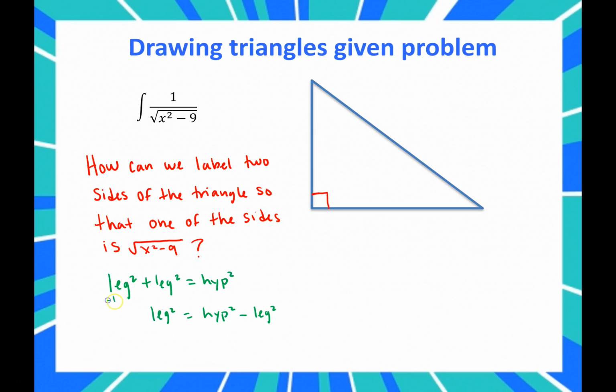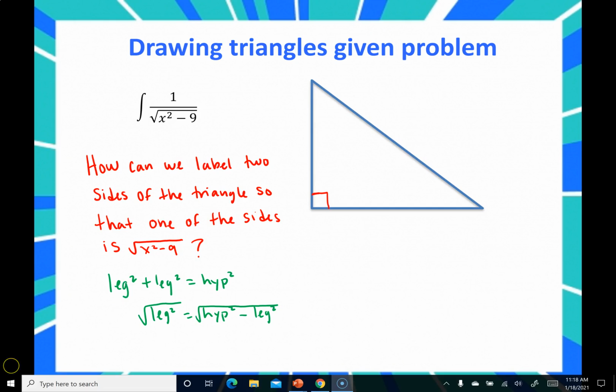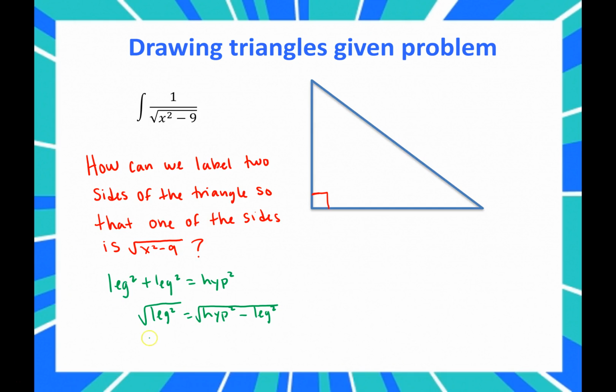All I did was subtract leg squared from both sides. Then I would square root both sides to solve for the leg. So I get a leg is equal to the square root of a hypotenuse squared minus a leg squared. And that is so helpful here.